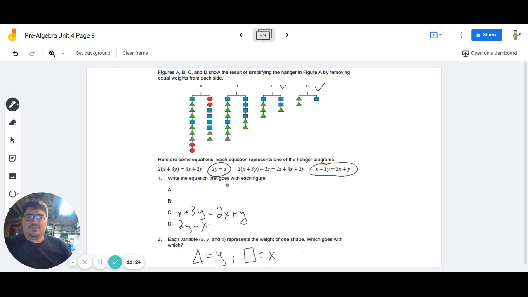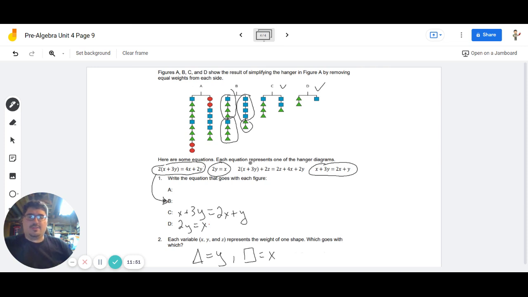B, well, this looks like, well, a group of 3y's plus x and 3y's plus x with 4x's and 2y's. So 4x's and 2y's and two groups of x plus 3y's right here. Okay, so that's going to be letter B.